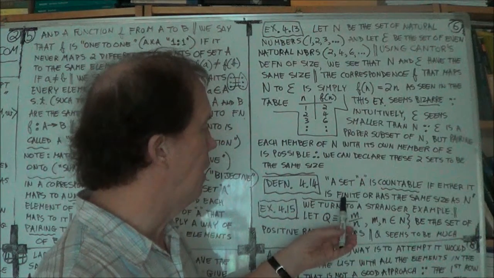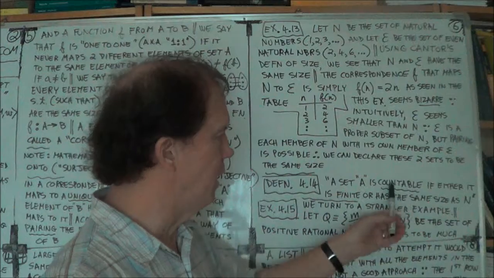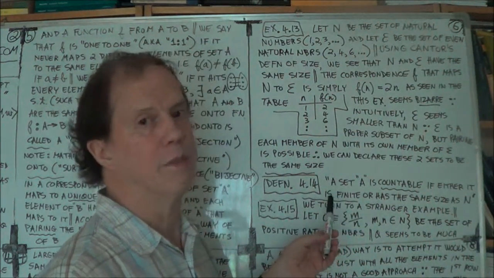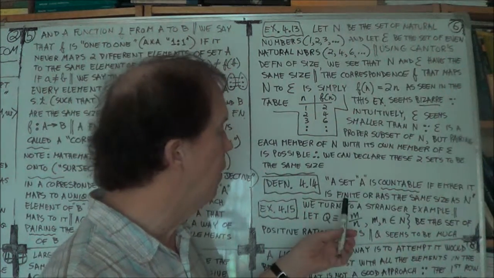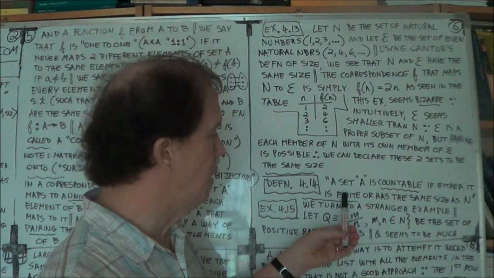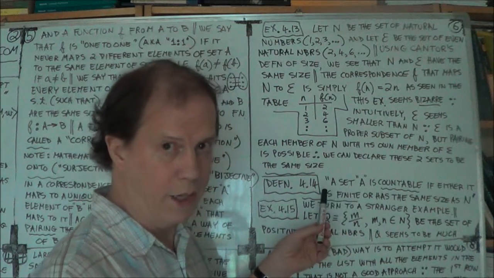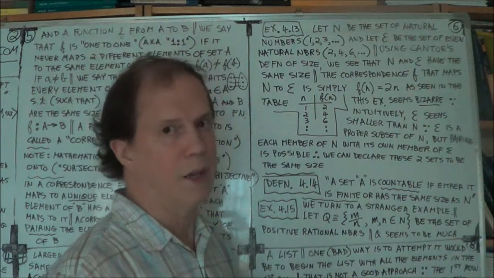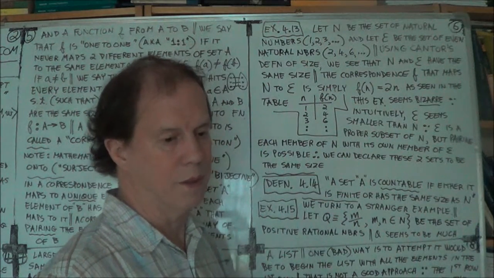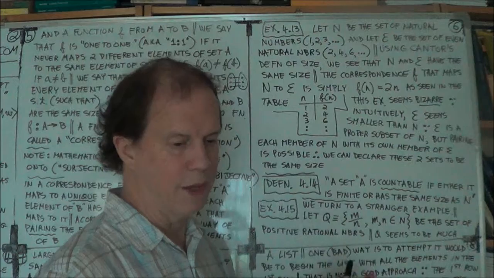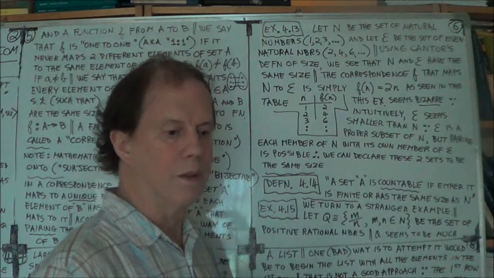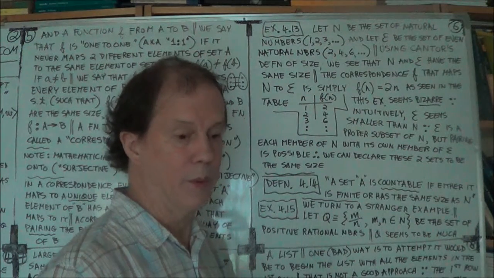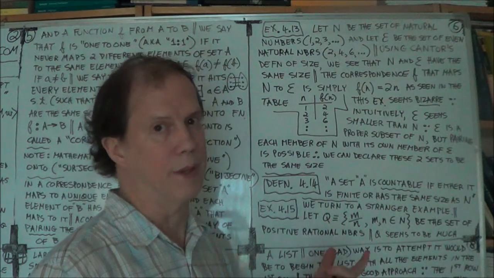And the other way you can define a set to be countable is if it's not finite, therefore it's infinite. You can say an infinite set is countable if that infinite set has the same size as N, big N. In other words, you can pair off the elements of that infinite set with the natural numbers, or the counting numbers. Natural numbers, counting numbers, same thing.